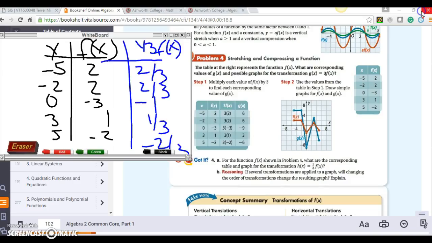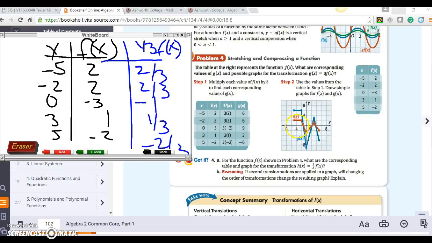And if I was to graph it, it would be -5, which is about right here in my original function, and then I would go to 2/3, which is about right there, and then -2, which is my function right here, so it'd be this line right here.